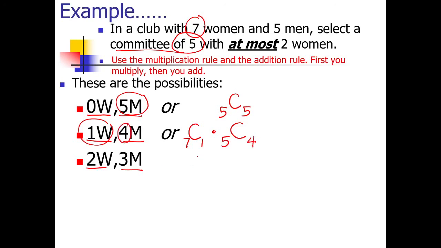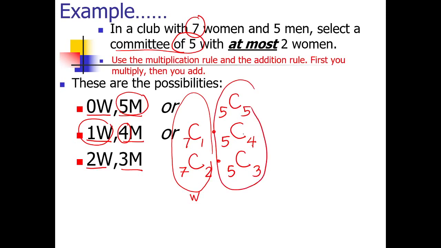And for our last one, the combination of 7 taken 2, we multiply by the combination of 5 men taken 3. So take note, this is the column for the women, and this is the column for the men. So you won't be confused why it's 5-5, because there are 5 men, and why it's 7-7, because there are 7 women. Okay, let's continue.